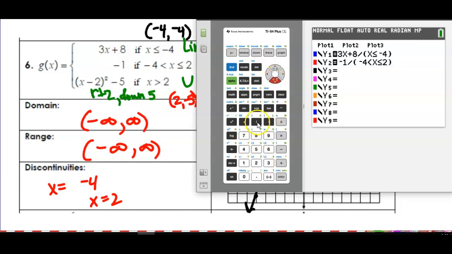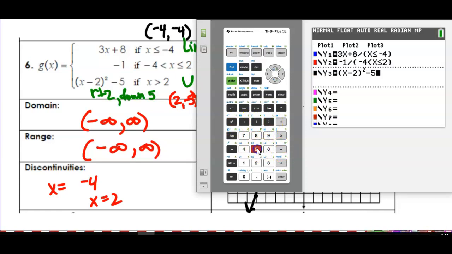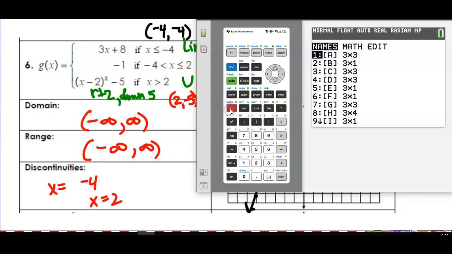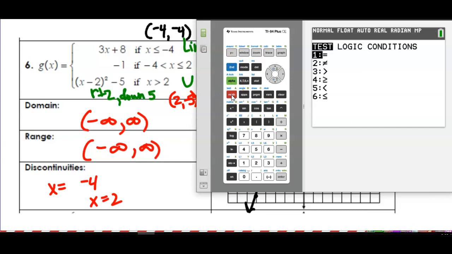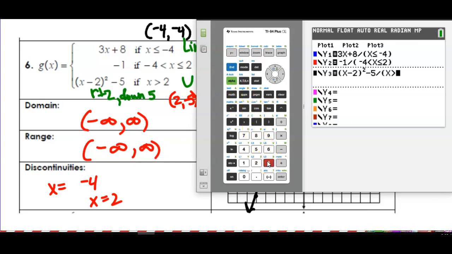And then the last one is parenthesis x minus 2 squared minus 5 divided by parenthesis x second math. See, I can't type. Greater than only, which is choice 3, 2, close parenthesis. Let's see if it graphs right.